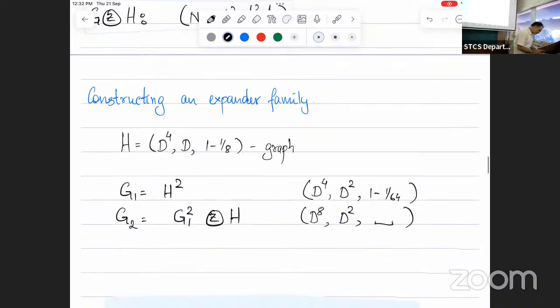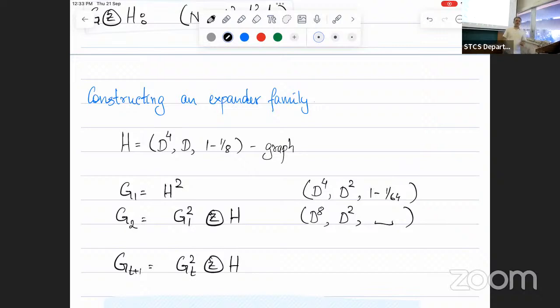Okay, and in general, I'm going to define G_{t+1} to be equal to G_t squared, zigzag with H. So you should imagine it as saying that I am doing a square to reduce the lambda, but I do the zigzag product to do both these things: increase my number of vertices and also keep the degree back down.